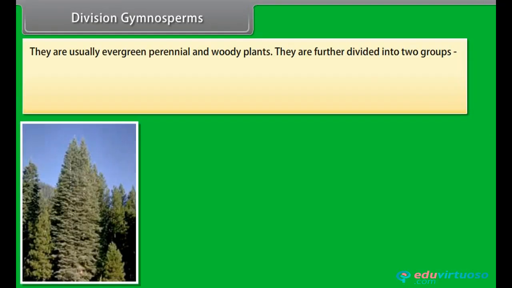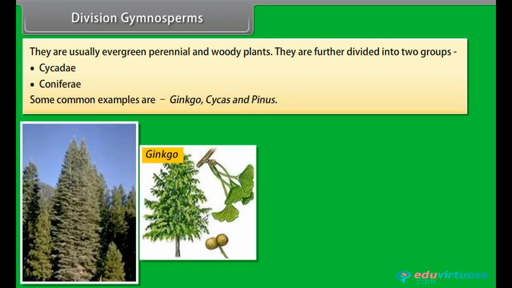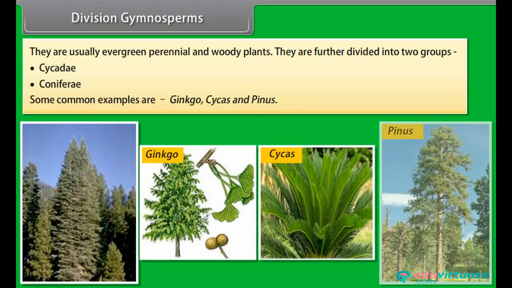They are usually evergreen perennial and woody plants. They are further divided into two groups: Cycadae and Coniferae. Some common examples are ginkgo, cycas, and pinus.